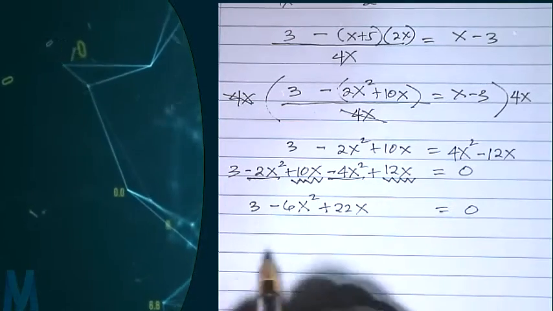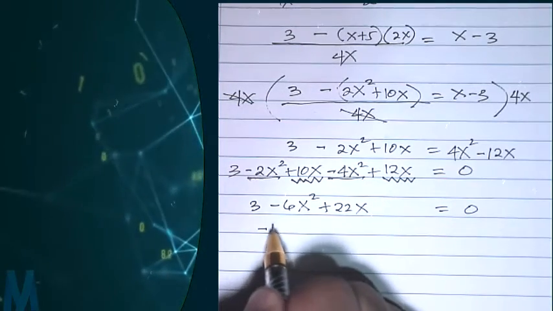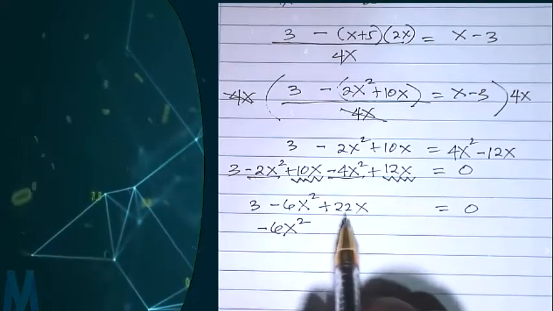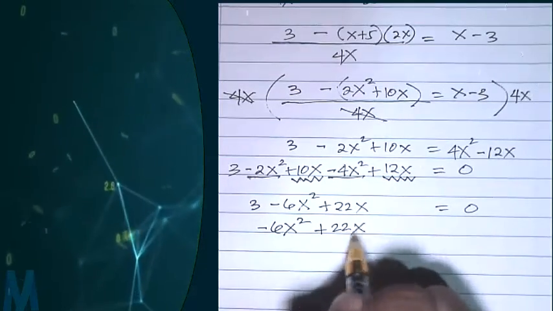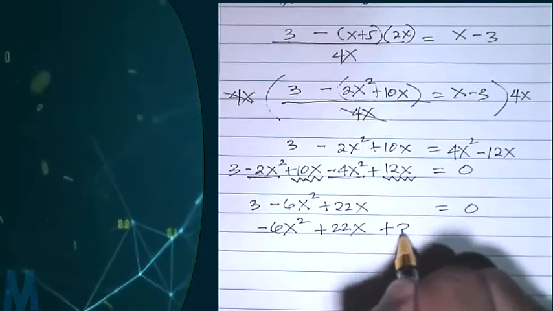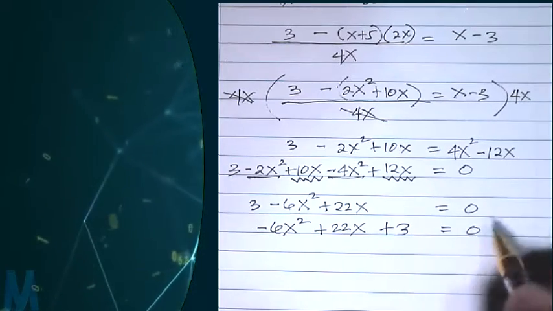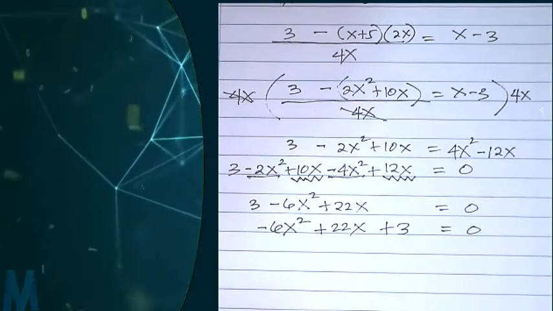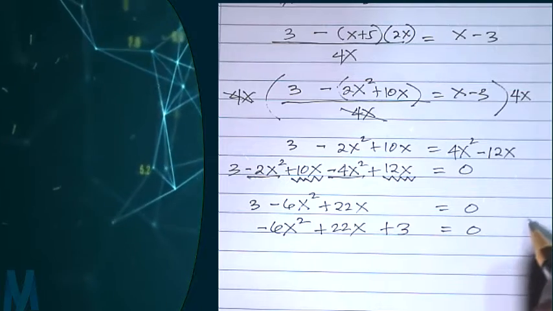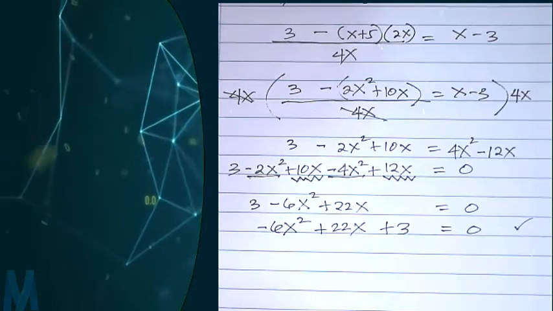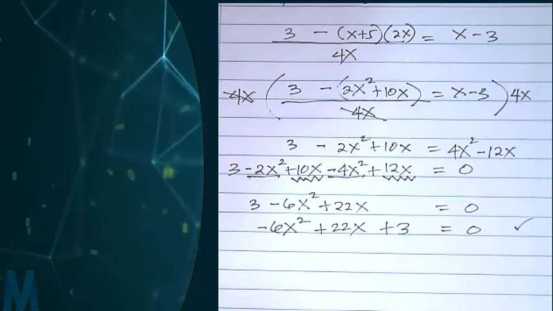Okay? So this is still negative 6x squared, then next is positive 22x, and then positive 3 is equal to 0. So this is considered as the standard form of quadratic equation.